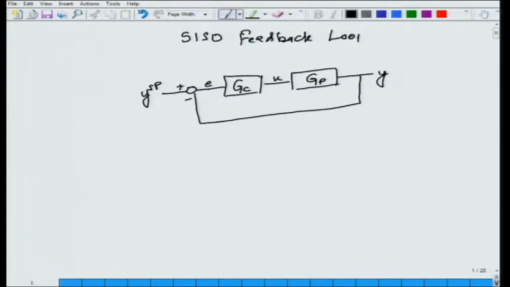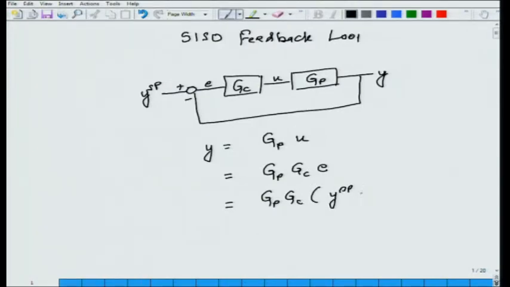So, if you look at this block diagram mathematically, what you get is y is equal to Gp times u. However, u is equal to Gc times E, and E, the error, is equal to y set point minus y.